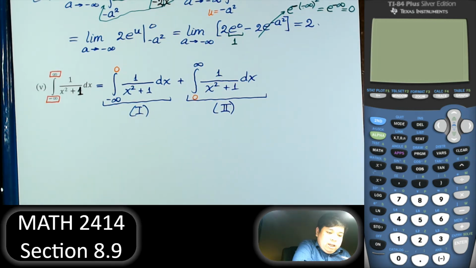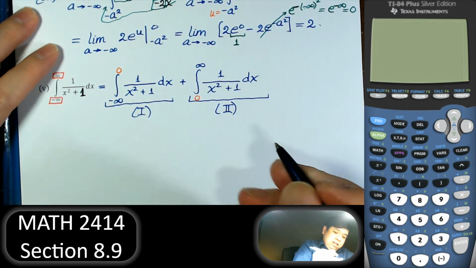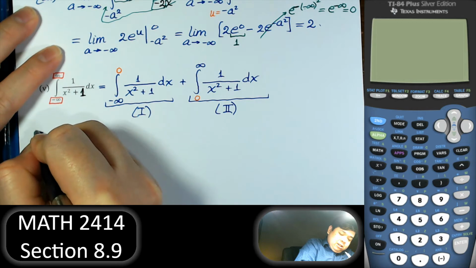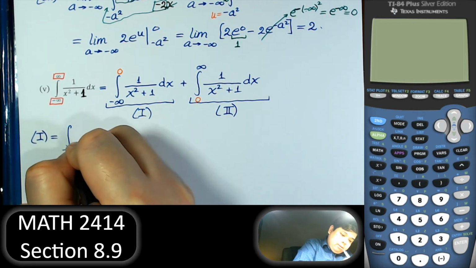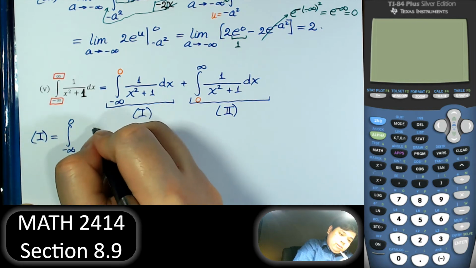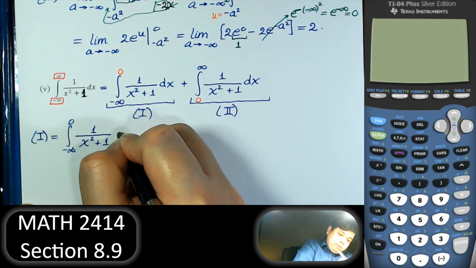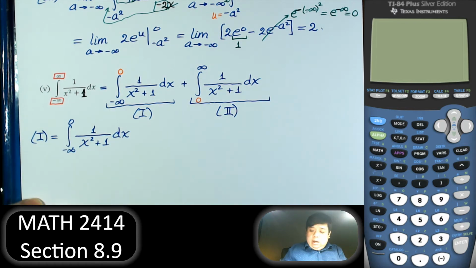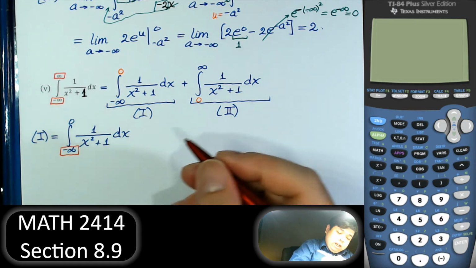Now let's evaluate the first one. First thing, we replace the lower limit with a, right?